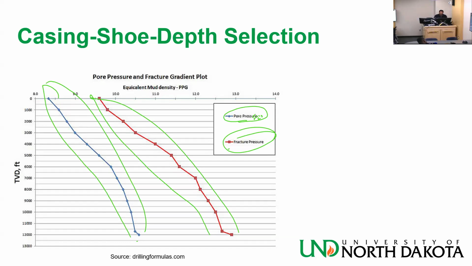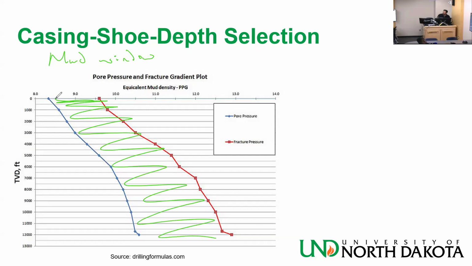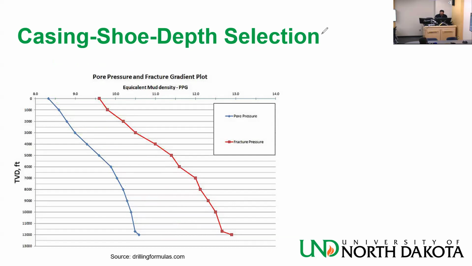Okay, but bottom line is that you need to be between those two lines. And this is called the mud window, okay? Mud window. You need to be here. Your mud needs to be here, okay? It cannot go above or below for reasons that we discussed.